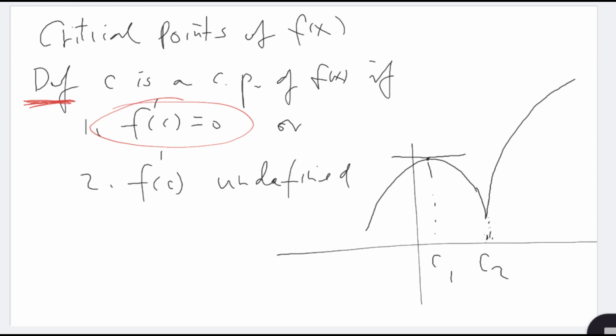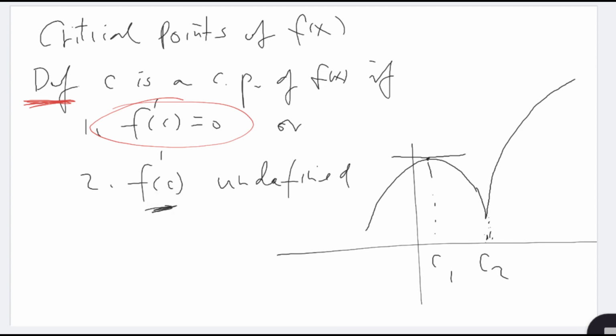Anyway, mathematically, it's pretty simple. To find all critical points, we set the derivative to 0 to get the first type of critical points. And if the derivative is a fraction, we set the top to 0 and the bottom to 0.